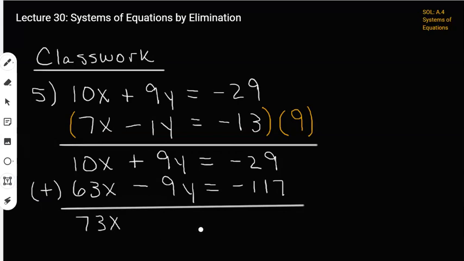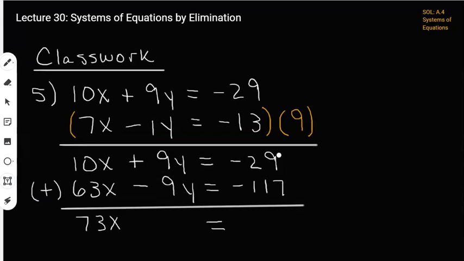So I add the x terms first. Now I'm going to add the y terms. 9 plus negative 9 is 0y, so I don't need to write that. And then over here, I've got negative 29 plus negative 117.